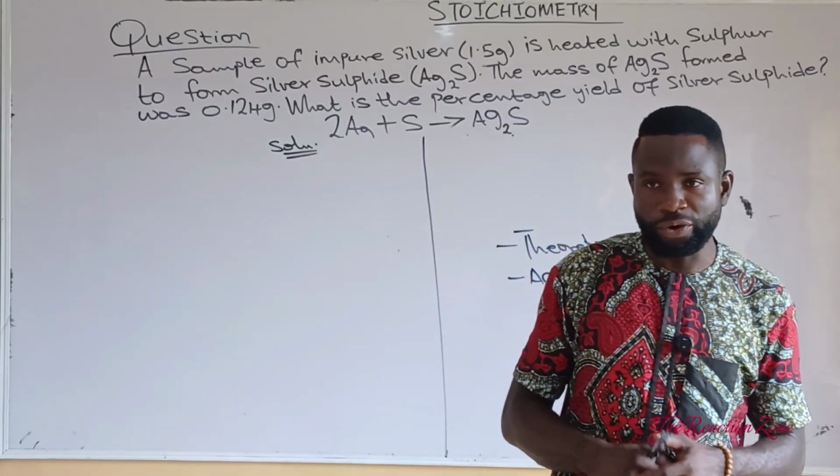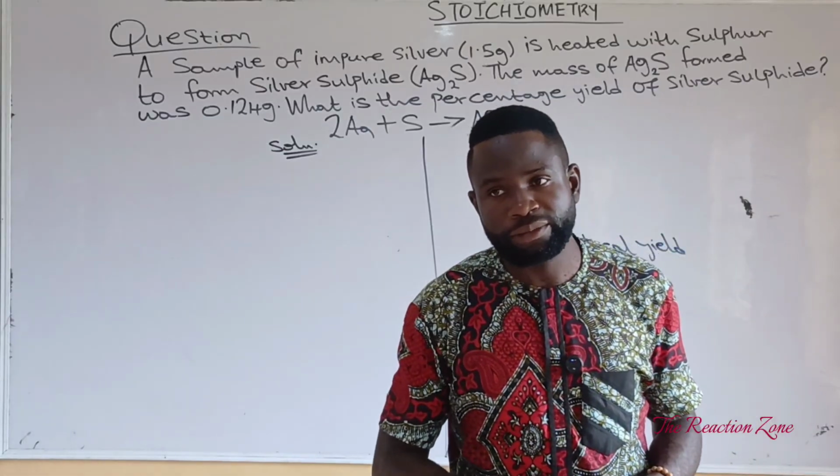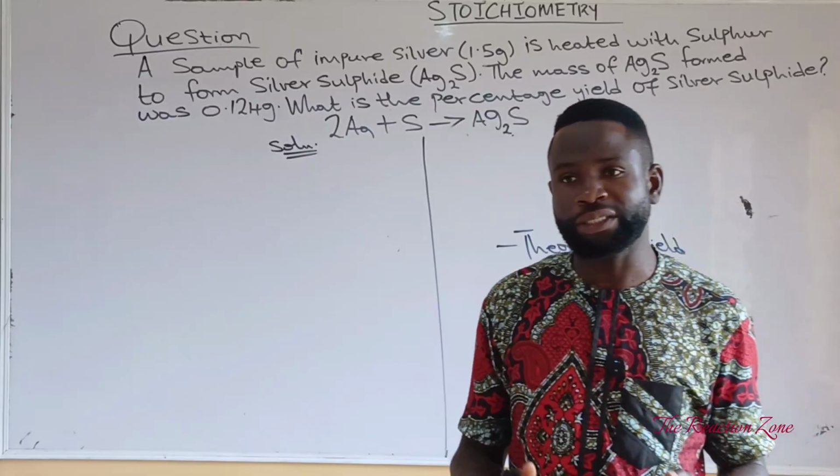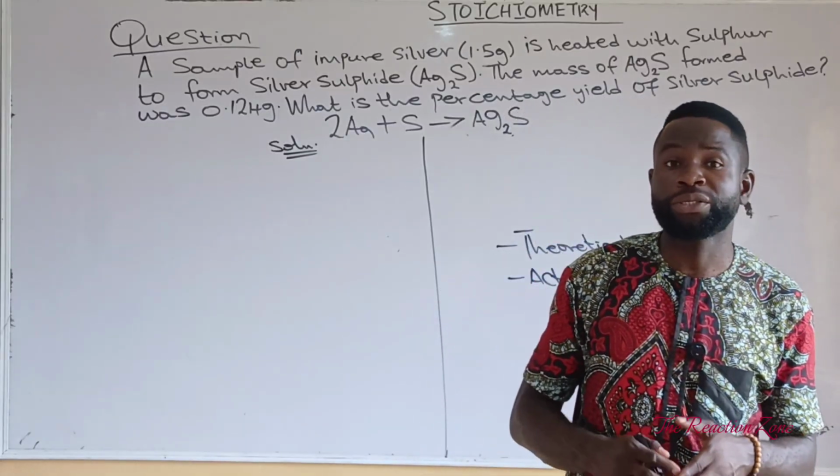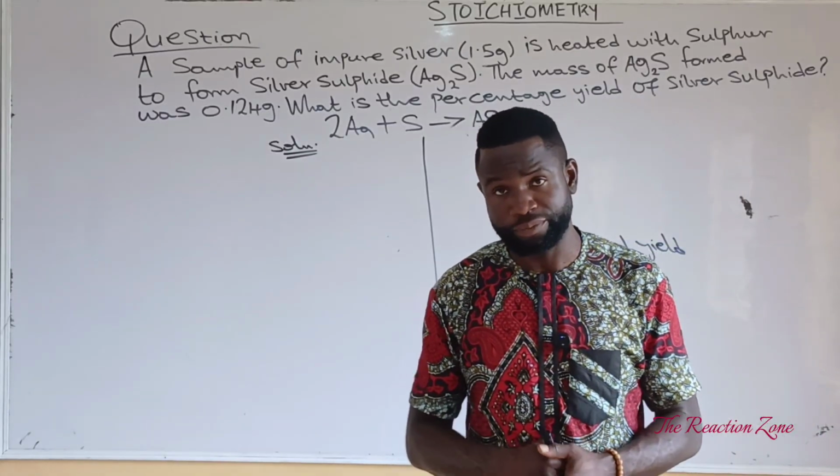The actual yield, on the other hand, is the actual amount of product that is formed when the chemical reaction is carried out in the laboratory.